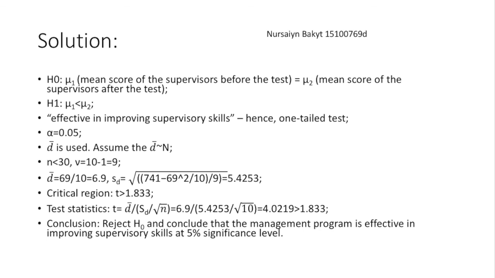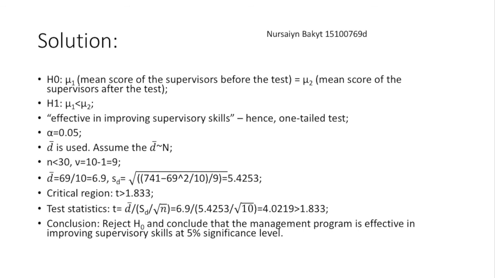The reason why we use the t is that we assume that the mean of the differences follows the normal distribution and the sample size is less than 30. So at 9 degrees of freedom and significance level at 5%, the t should be higher than 1.833. The mean of the differences is 69 over 10, which is 6.9, and the standard deviation is 5.4253.